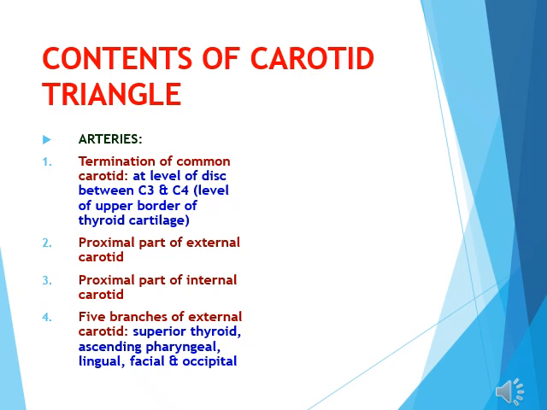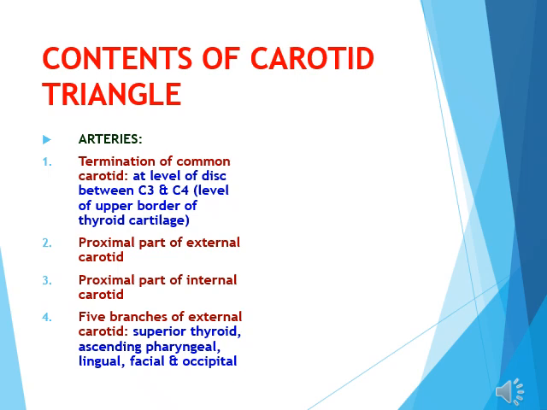The termination of the common carotid occurs at the carotid triangle, at the level of the disc between C3 and C4, aligned with the upper border of the thyroid cartilage. So here it bifurcates into the proximal part of the external carotid and the proximal part of the internal carotid.